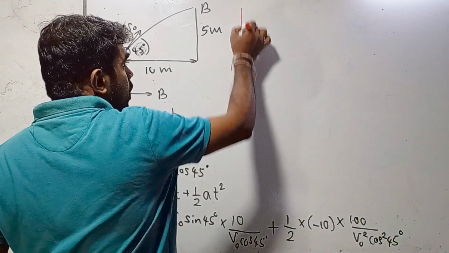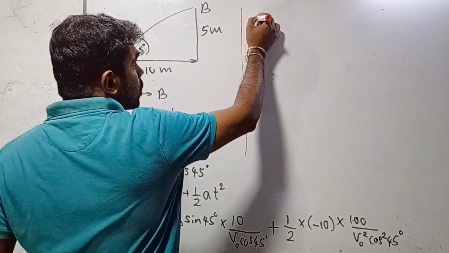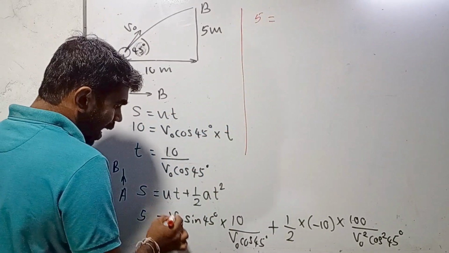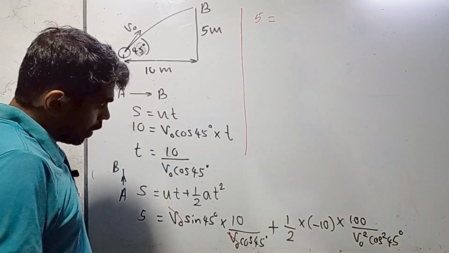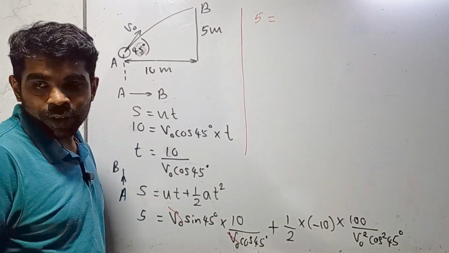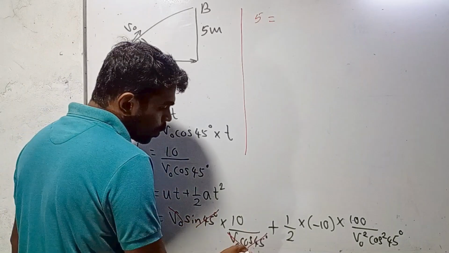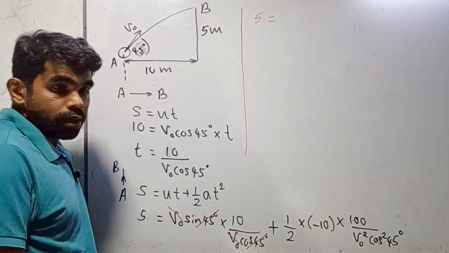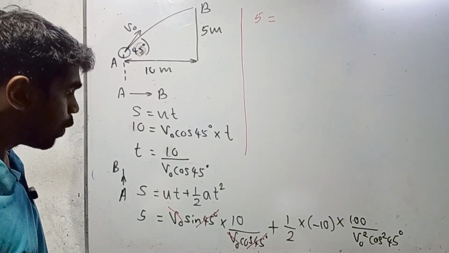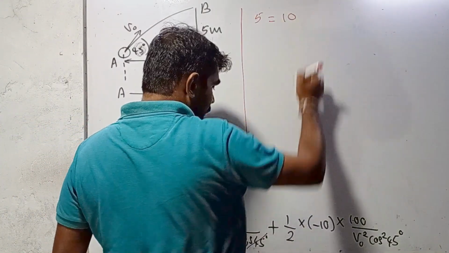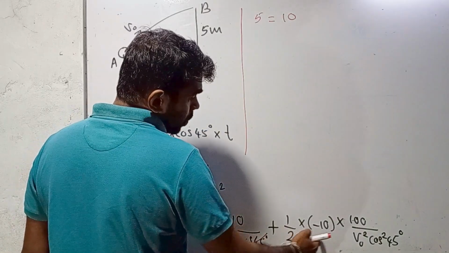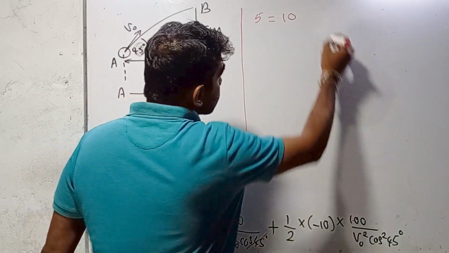5 equals, we can cancel out V0 and V0. We know that the sin 45 value is equal to the cos 45 value, which is 1 over root 2. Then we can cancel out sin 45 and cos 45. The value of the second term is plus 10, then plus into minus gives minus.